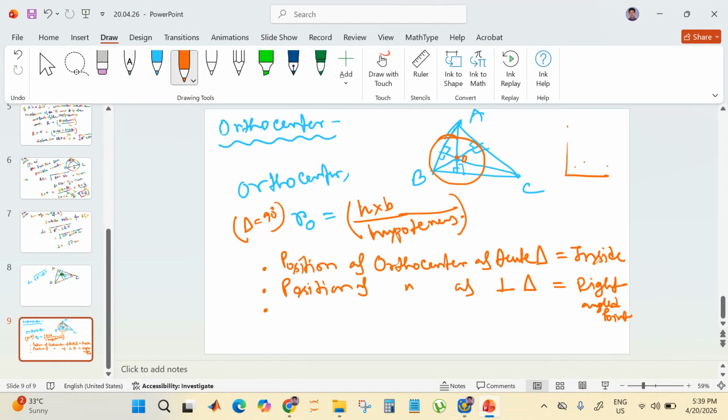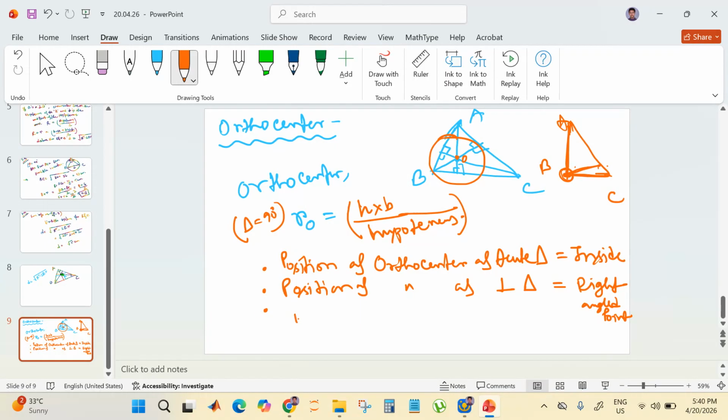Suppose it is a right angle triangle, then what happens? Basically, this is a perpendicular already. It is also an altitude, and this is the altitude. So this is the point where the right angle is. Right angle point means the point where the right angle generates. So this B is basically the orthocenter for the right angle triangle.